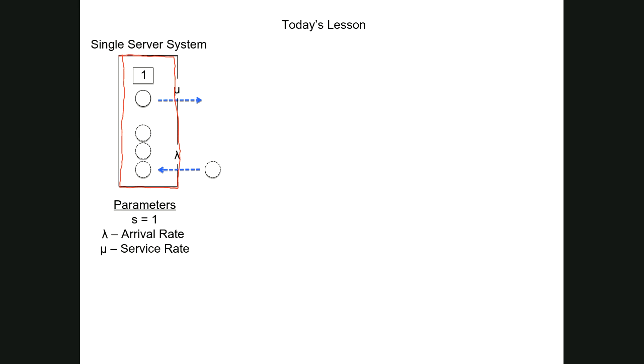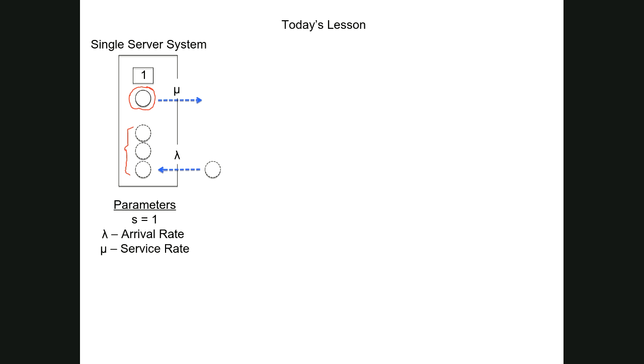A customer who's not yet arrived is not in the system, and a customer that has departed is not in the system. So again, our customers are either in line waiting or they are in service. There's only two conditions. They're either in line waiting, or they're in service.